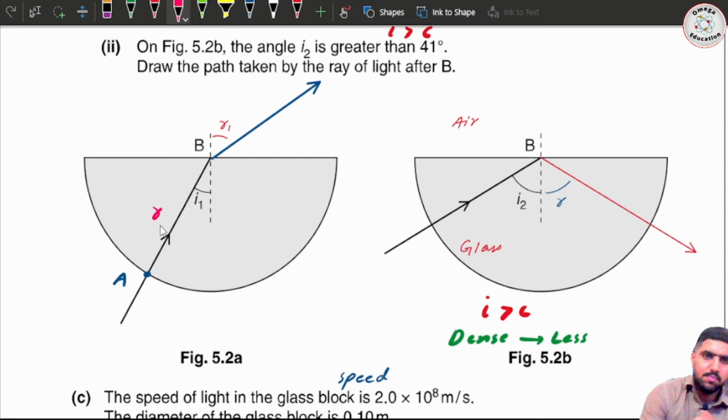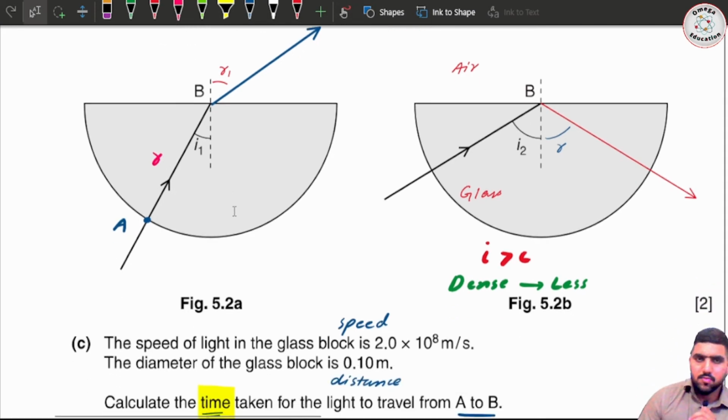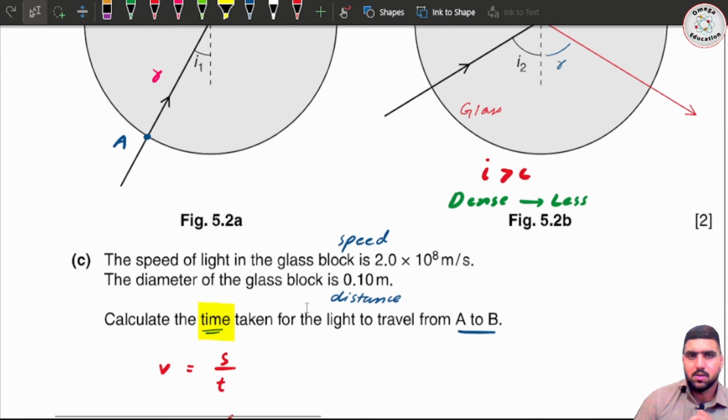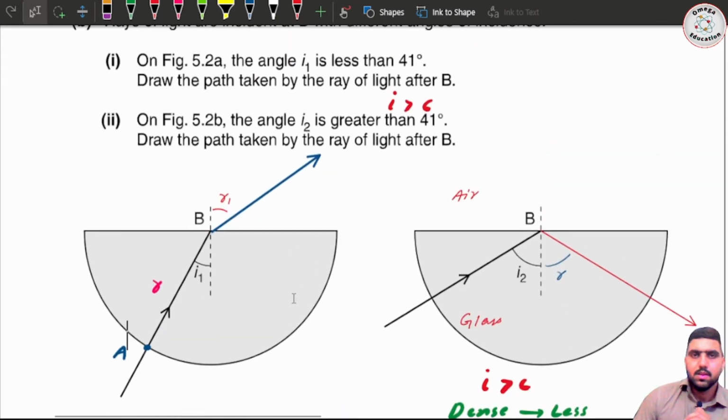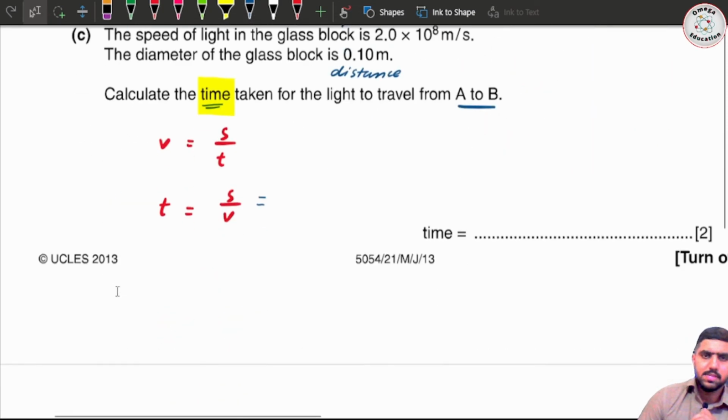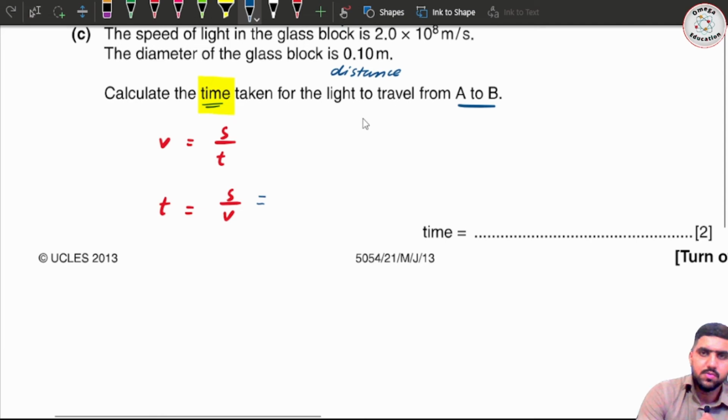What we are provided with is the diameter of the circular glass block. So we have to convert from diameter into radius, because we have to find the time taken from point A to B, and the distance between A and B represents the radius. We can mathematically convert diameter into radius.